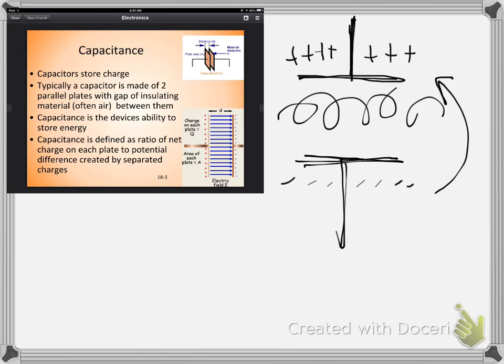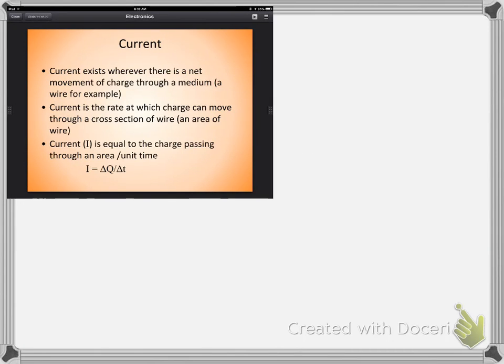Simple enough. Do you remember current from our brief unit on circuits? What is current? In a nutshell, movement of charge. You have charge moving. So you have electrons moving, thump, thump, thump, like little ants on the march.